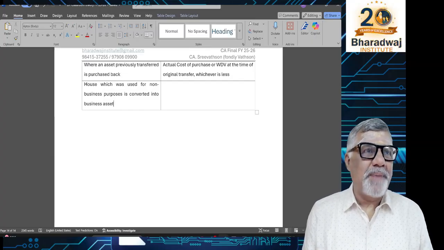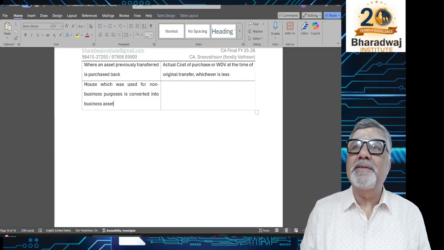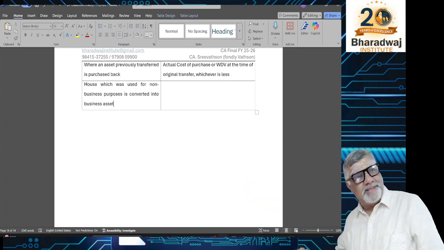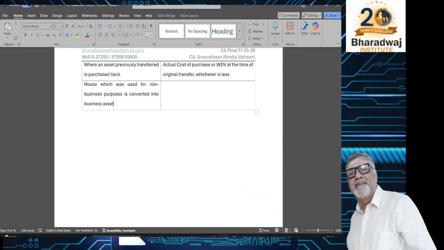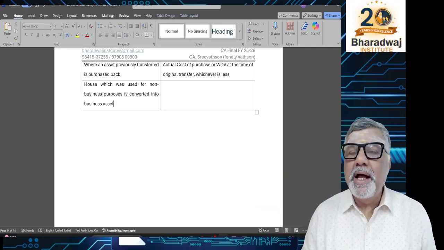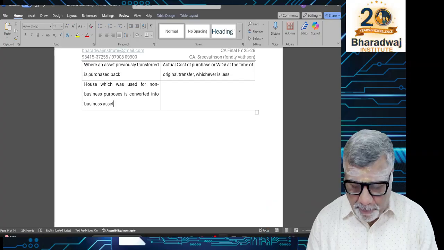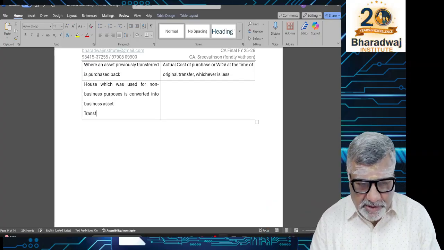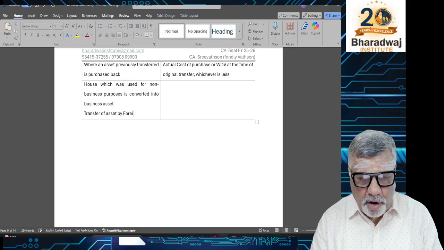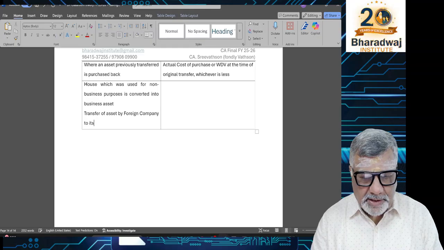So 6 years back, I purchased it for 40 lakhs. 40 lakhs minus 10%, minus 10%, minus 10%. Do it for 6 years and find out the WDV. Am I clear to you? The same principle applies for transfer of an asset by a foreign company to its Indian branch.